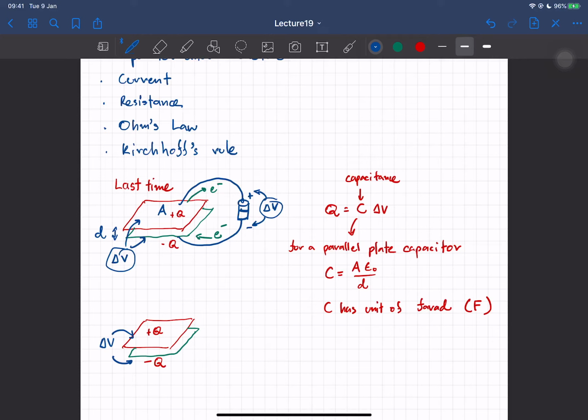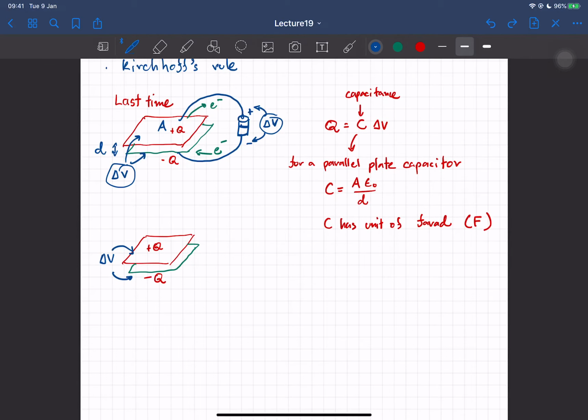But anyway, because you store charge and you have some potential difference between the plates, in a sense, you are storing energy in this capacitor. Without showing the proof, if you're interested, you can look at any textbook that shows it.